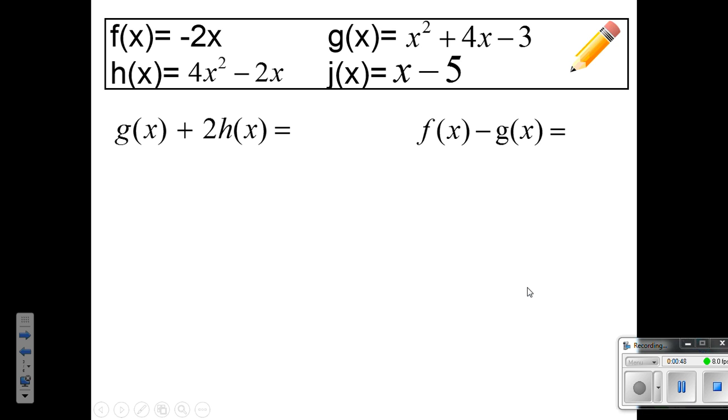But make sure that you do every example. Okay? So the 4 functions listed at the top of this page are f of x equals negative 2x, g of x equals x squared plus 4x minus 3, h of x equals 4x squared minus 2x, and j of x, which equals x minus 5.